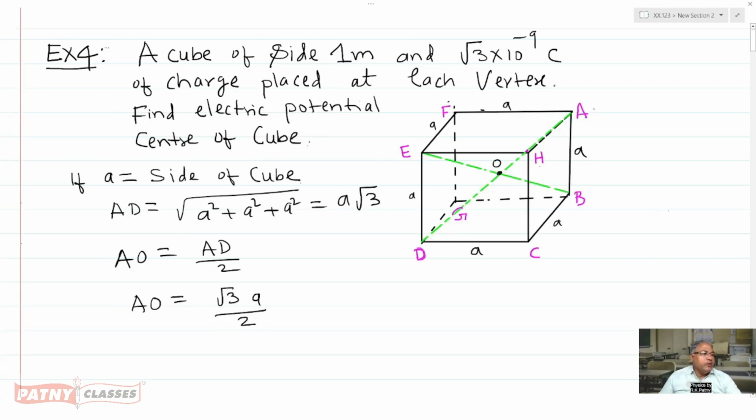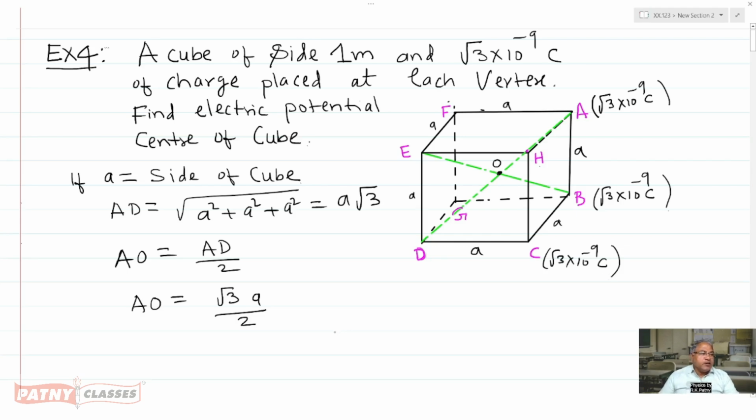Now, at every vertex, a charge of root 3 into 10 raised to minus 9 coulomb is placed. At vertex A, root 3 into 10 raised to minus 9 coulombs. At vertex B, the same charge. At vertex C, root 3 into 10 raised to minus 9 coulombs.